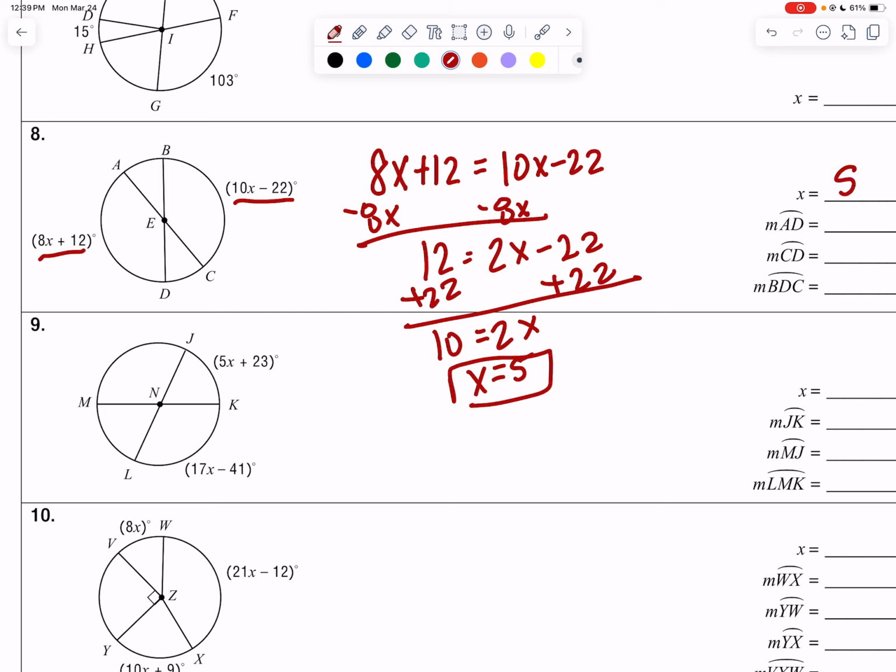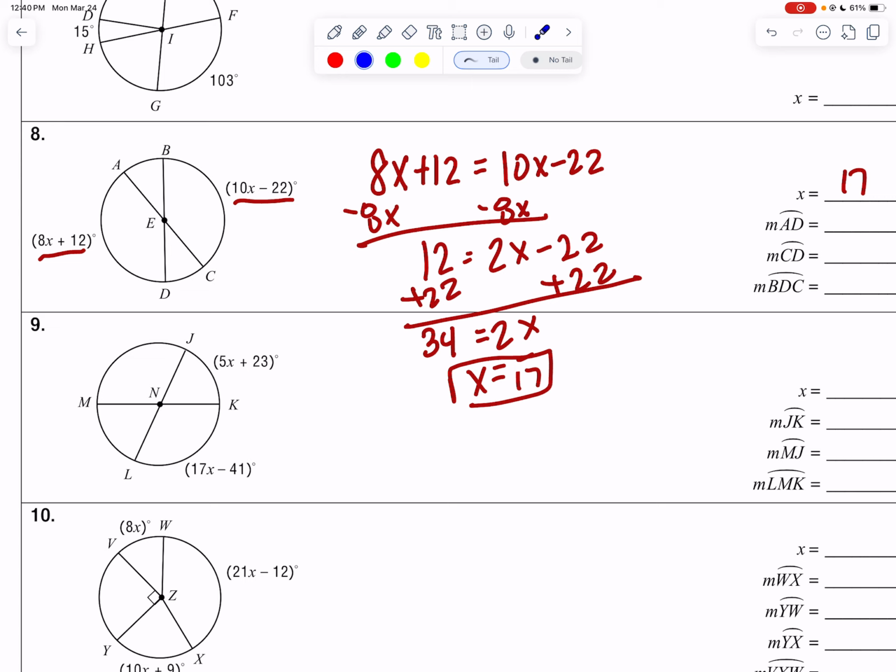Once we get x is equal to 5 for number 8 here. Wait, just kidding, that's 34. That should be 17. So once we get 17 for x, we are going to substitute in AD.